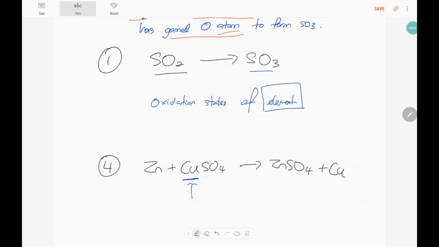Similarly, we should never say the oxidation state of SO4, no such thing. It is the oxidation state of sulfur in CuSO4, the oxidation state of O in CuSO4, the oxidation state of Zn in ZnSO4, the oxidation state of S in ZnSO4, the oxidation state of O in ZnSO4. So oxidation state is always of an element in a particular compound.